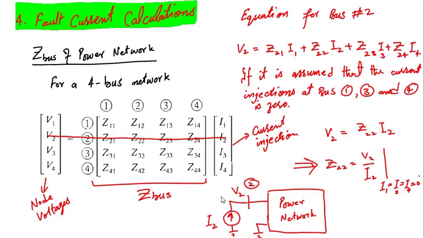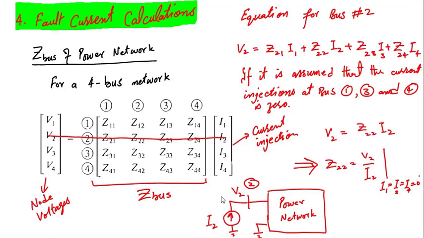This current will establish voltage everywhere in the network, including bus number 2. So the voltage across bus number 2 will be V2. If we take the ratio of V2 to I2, that is equal to Z22. Can I say that in this black box power network, I don't know what is the configuration inside. At one node I am injecting a current and seeing how much voltage will develop across that node.